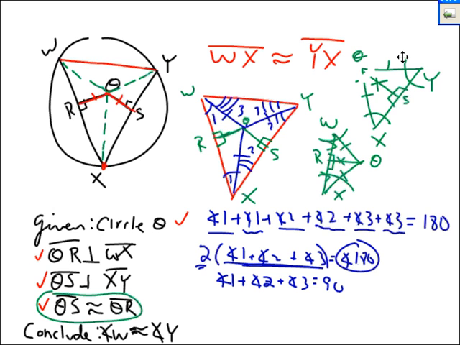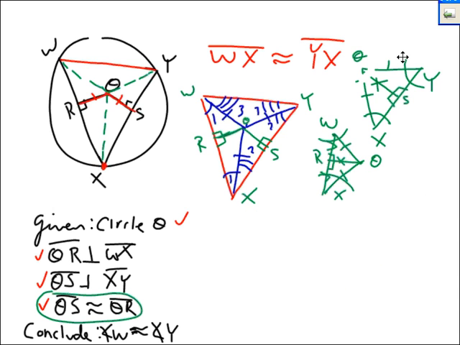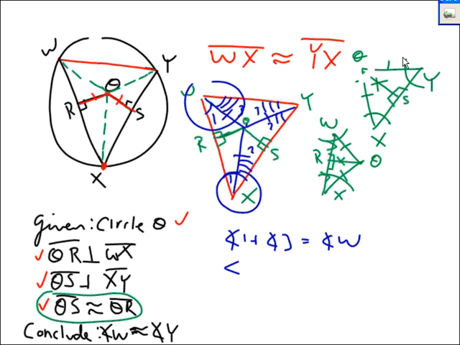I guess the one big thing I didn't need to do was this stuff down here. Those angles are the same. I can argue that angle 3 and angle 2 are the same, because if angle X equals angle W, if angle 1 plus angle 3 is equal to angle W, and angle 1 plus angle 2 is equal to angle X, then these two must be equal.